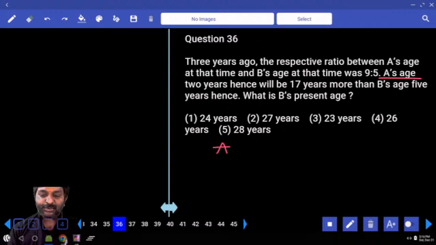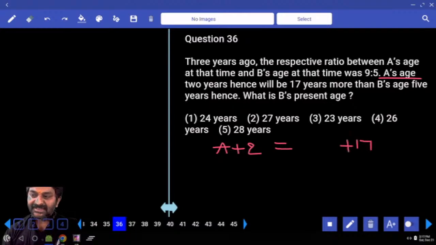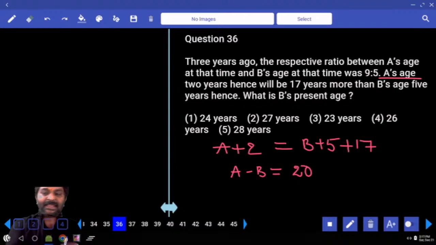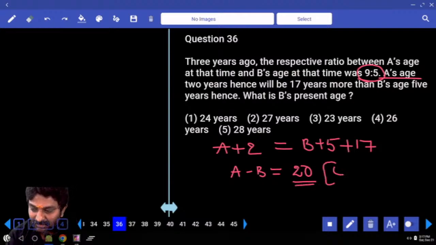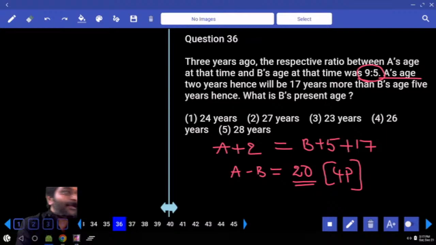A's age 2 years hence, A plus 2 will be equal to 17 plus B's age 5 years hence. From this, A minus B is equal to 20. Their ages ratio mentioned as 9:5. Difference parts? 4 parts is equal to 20 only, then 1 part will be.